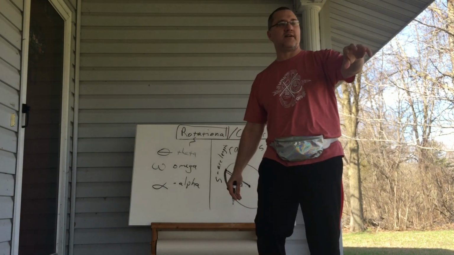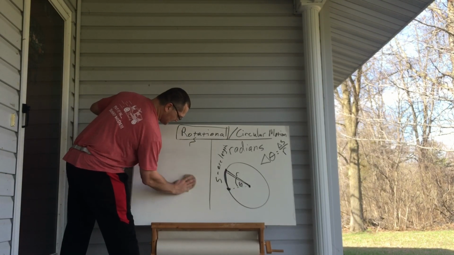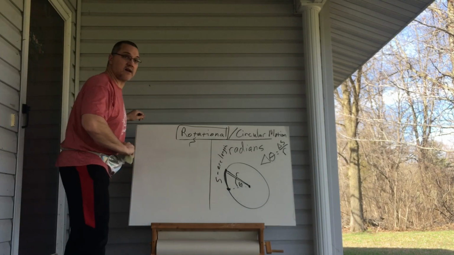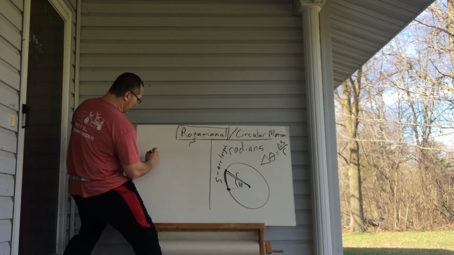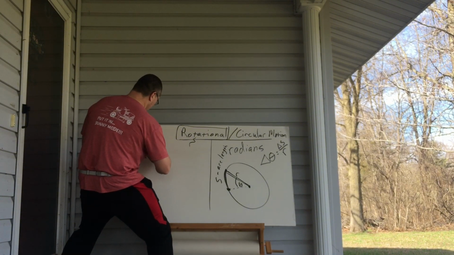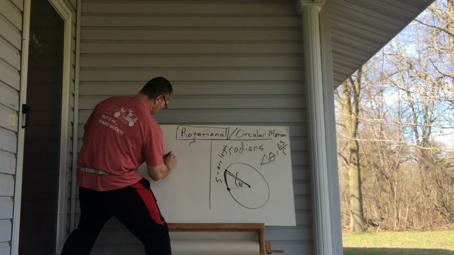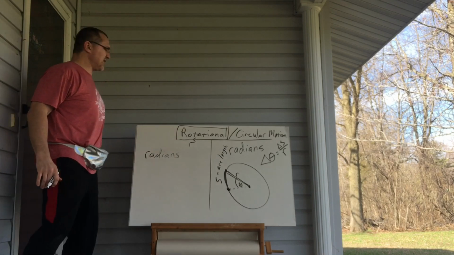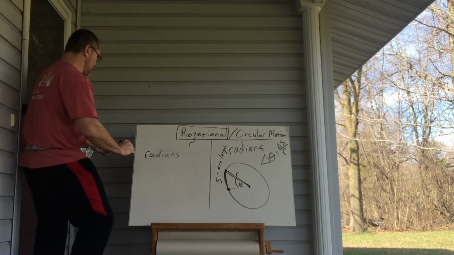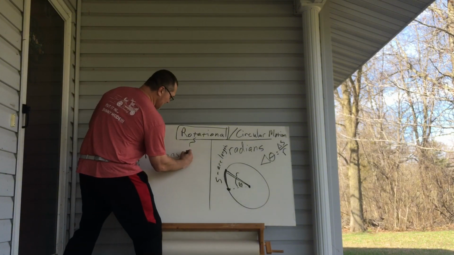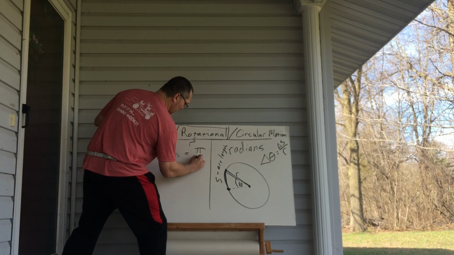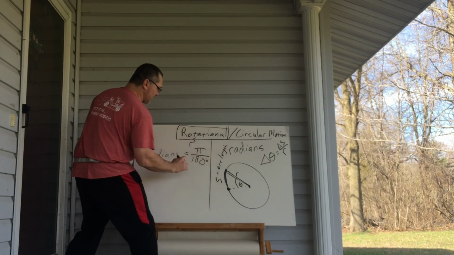Given that, we're going to now convert radians. Hopefully you know this conversion for radians. It's going to be theta in radians is equal to pi over 180 degrees.